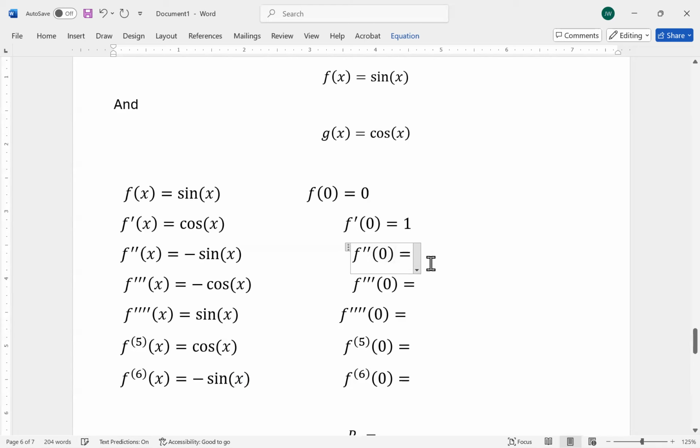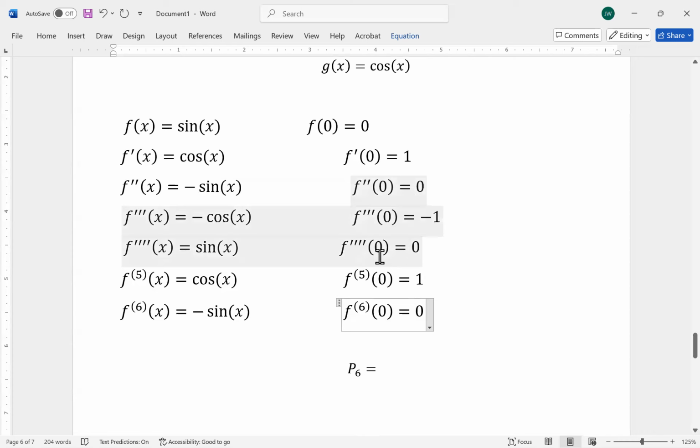Negative sine is going to give me 0. Negative cosine is going to give me negative 1. Sine is going to give me a 0. Cosine is going to give me a 1. And then negative sine is going to give me a 0. So that's what we have.